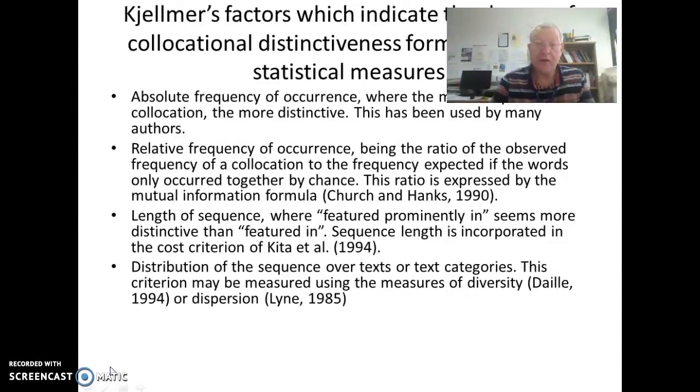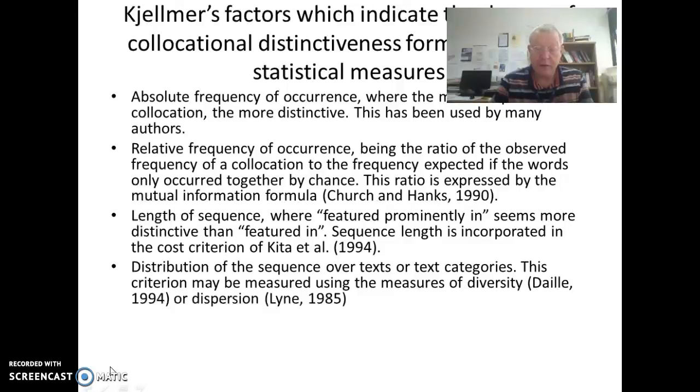Kjelmer suggests that the following factors could be used to indicate the degree of collocational distinctiveness. Absolute frequency of occurrence, where the more frequent the collocation, the more distinctive. This criterion has been employed by many authors.